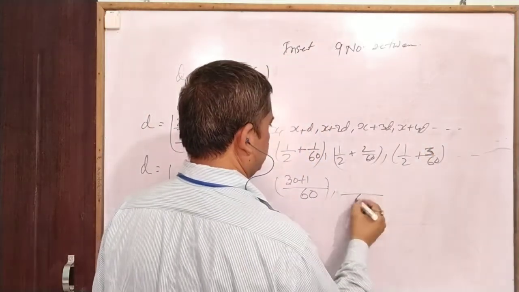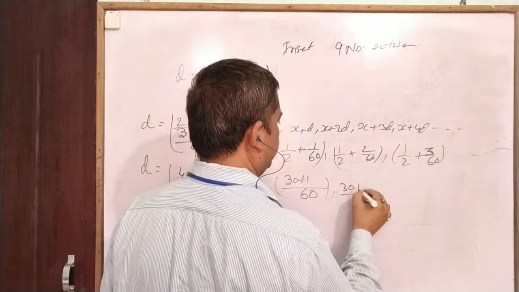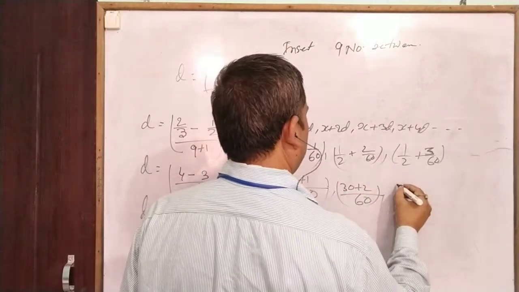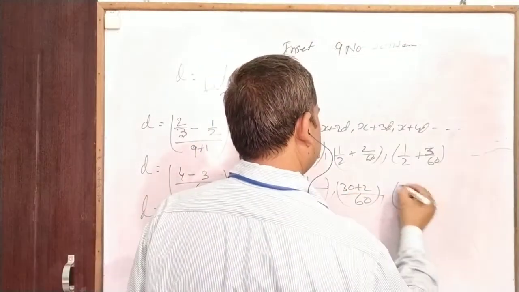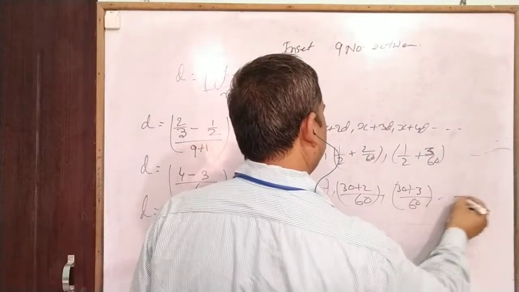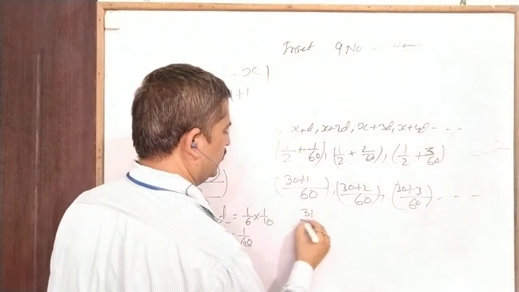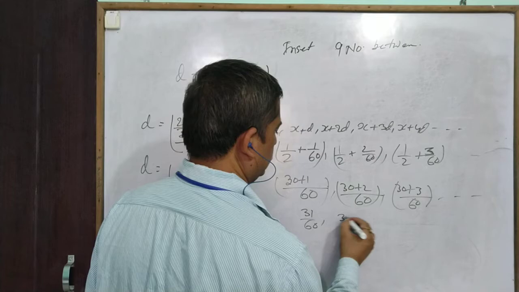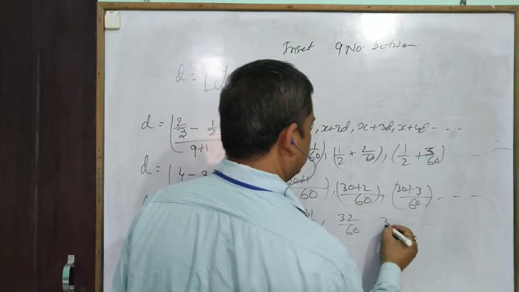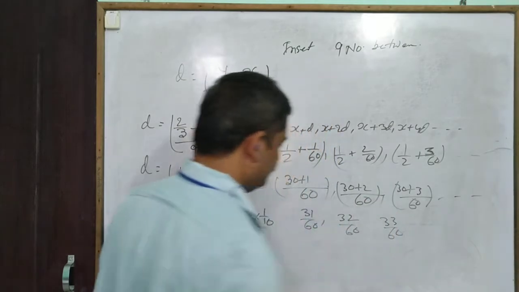So 60, 30 plus 2, 60, 30 plus 3, and so on. So 31 by 60, 32 by 60, and 33 by 60.